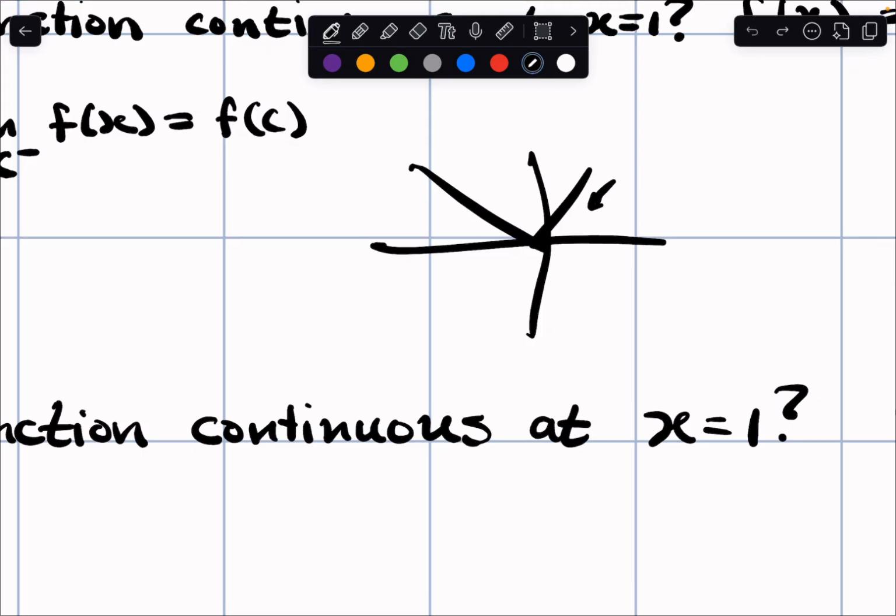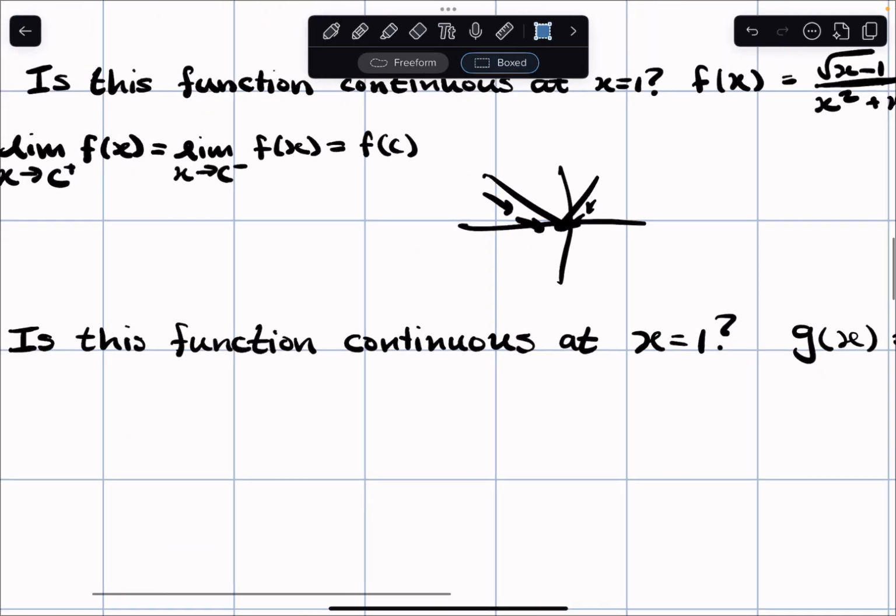Remember we said it's approaching, not necessarily getting to the value, but approaching. So let's say it's approaching 0 right here from the right, it's going to point towards the left because it's coming from the right. It's going to get infinitely close to 0. And from the left, which is the minus sign, it's going to get closer to the point from the left. So that's what I mean by left and right hand limits.